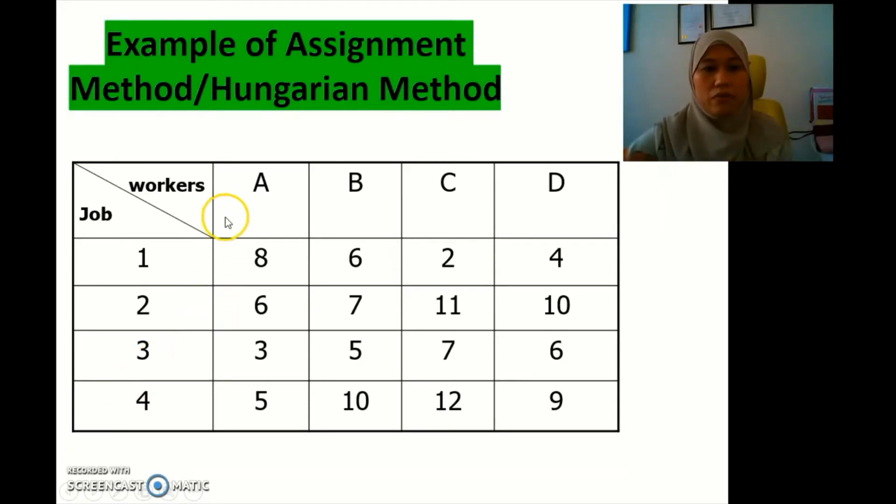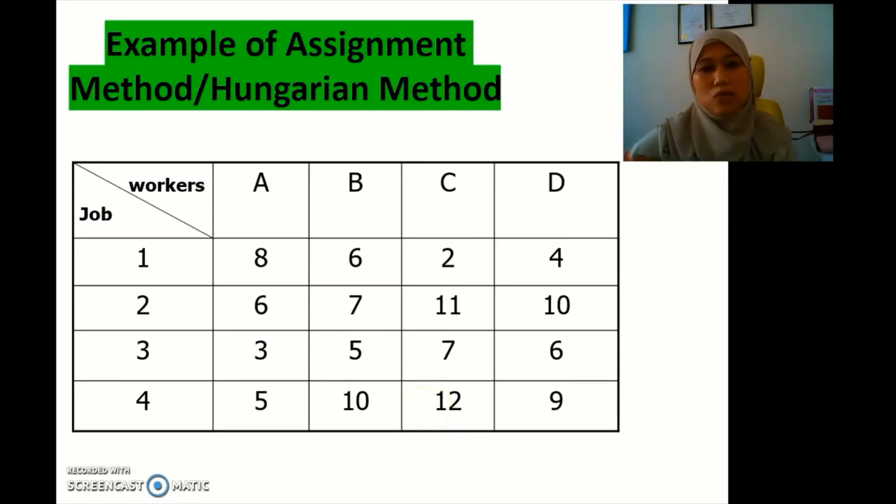So we have here 4 workers A, B, C and D, and then we have 4 jobs, and here is the information on the cost for each workers with the job match. For example, we can see here the most expensive one is this, in which the workers C, and doing the job number 4, it will cost around 12 ringgit.